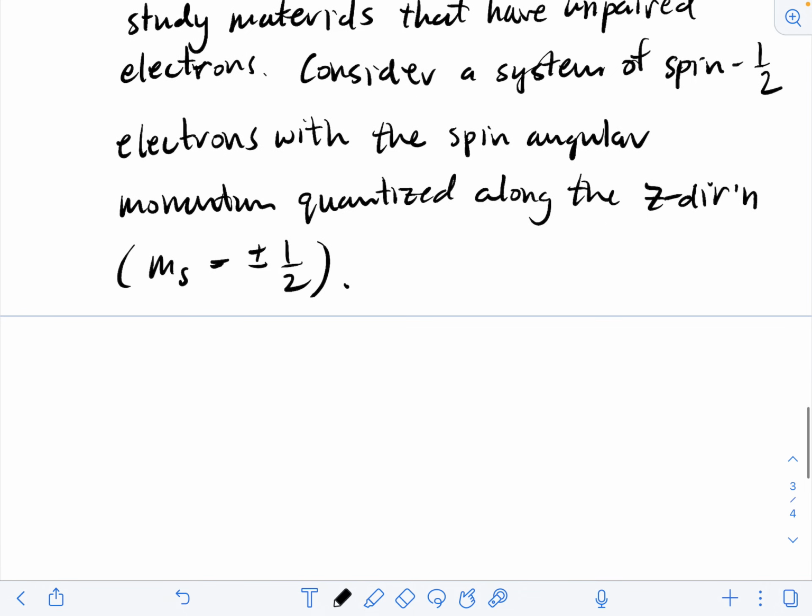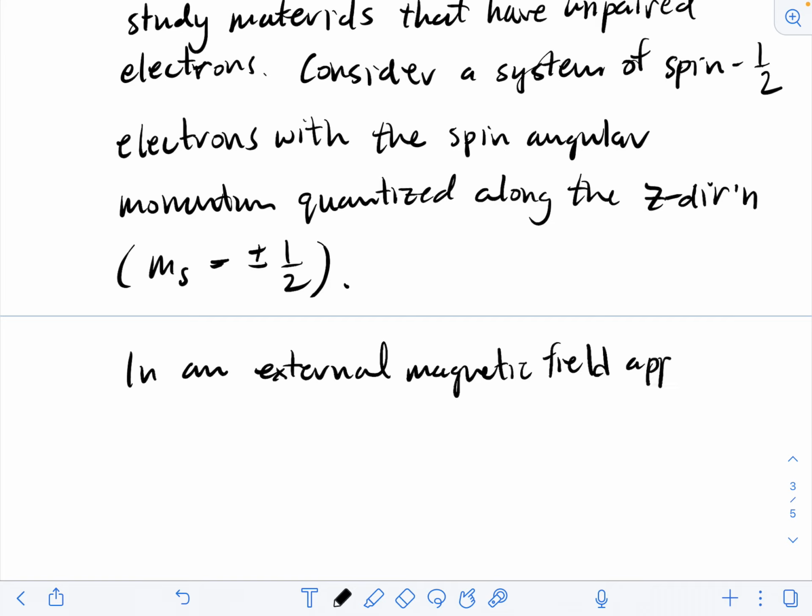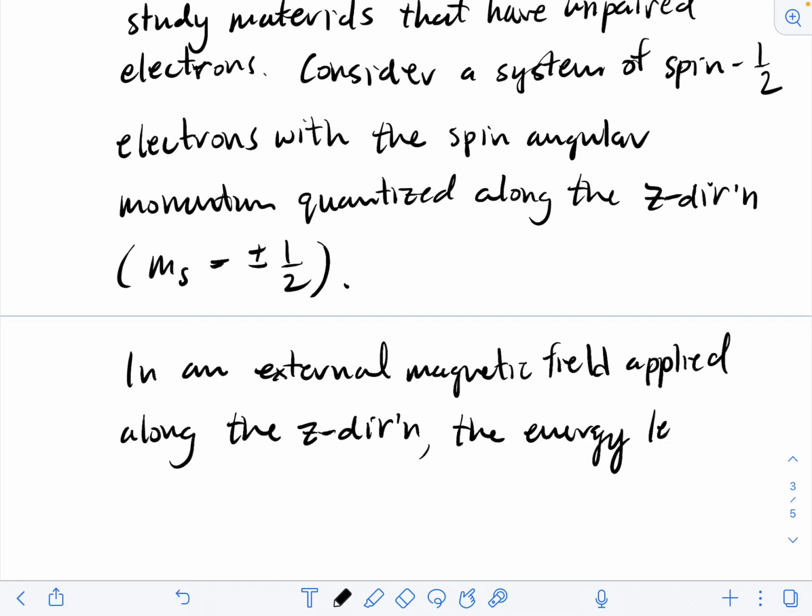Okay, so in an external magnetic field applied along the z direction, the energy levels of the two states, ms is equal to minus 1/2 and plus 1/2, split.